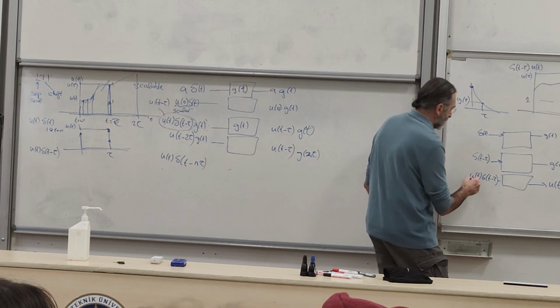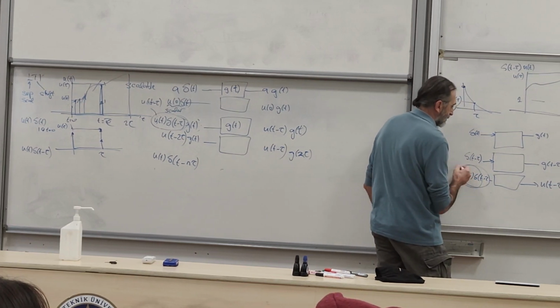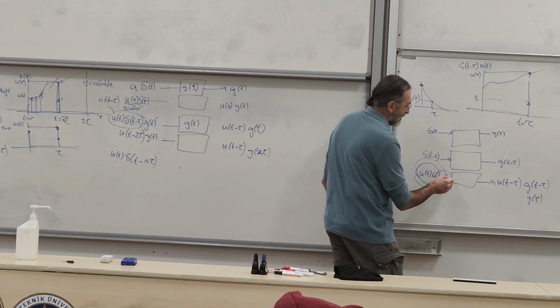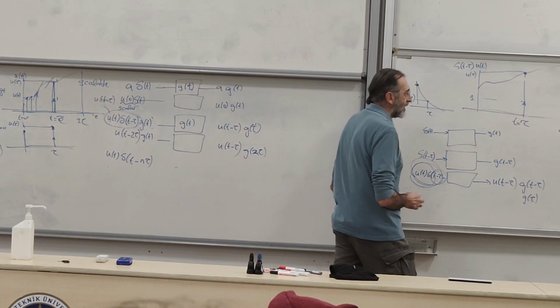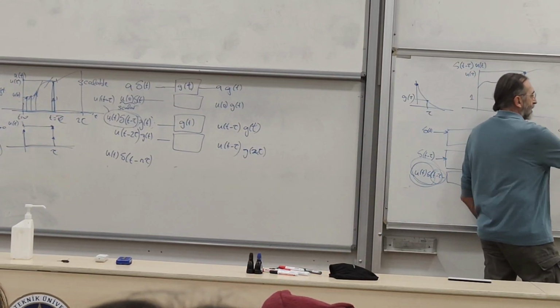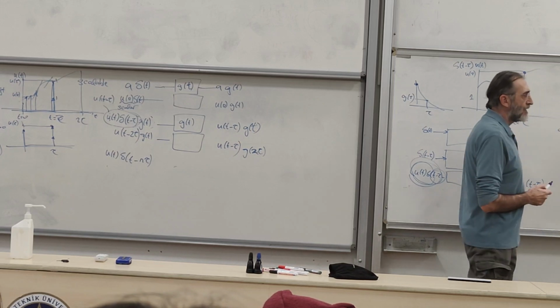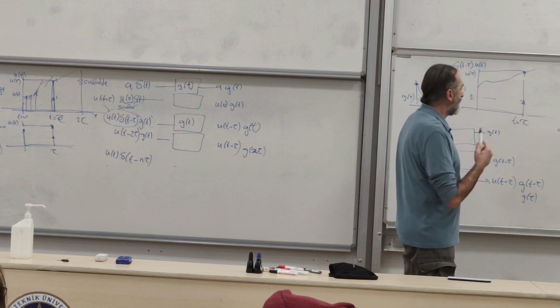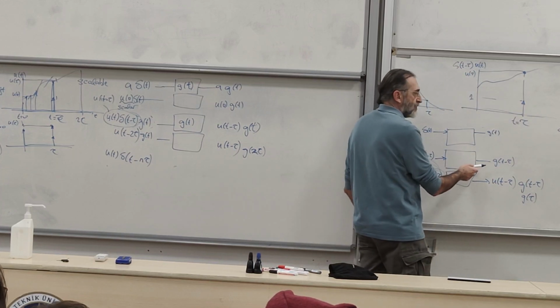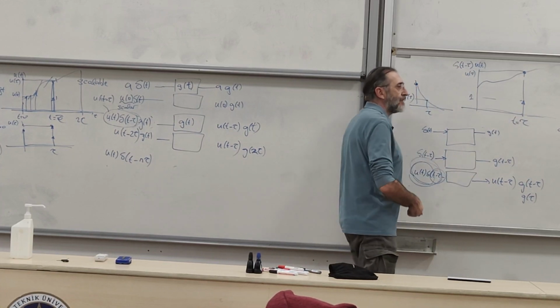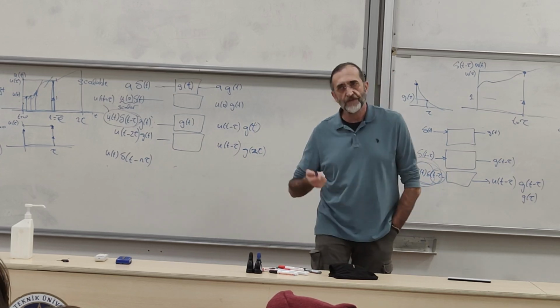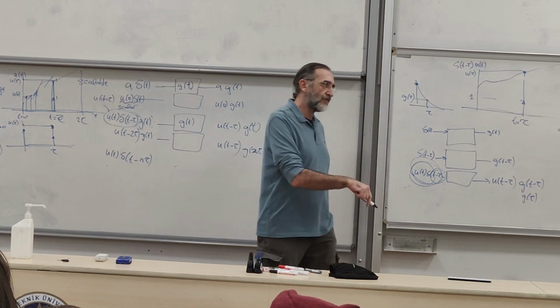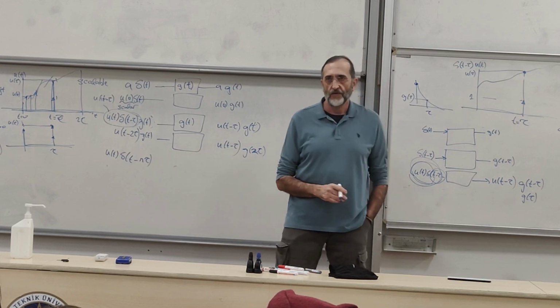The system is scalable and the system is time invariant. I can multiply the input and get the output multiplied by the same constant, and I can give the same input to the same system at a later time and take the same output.